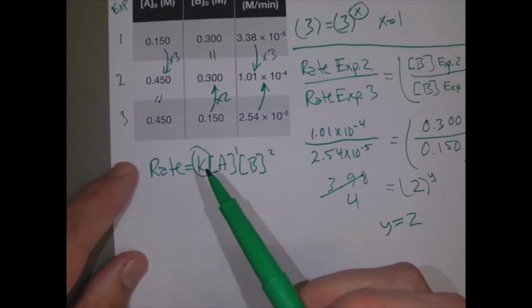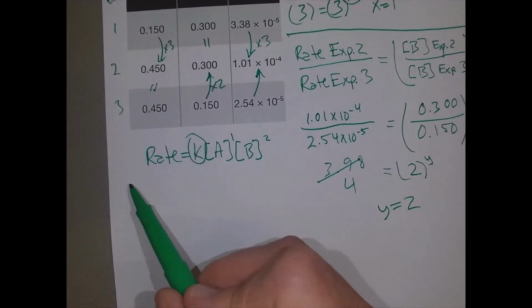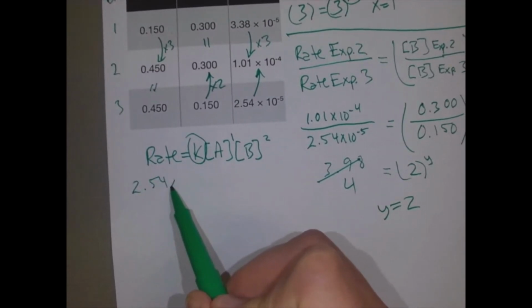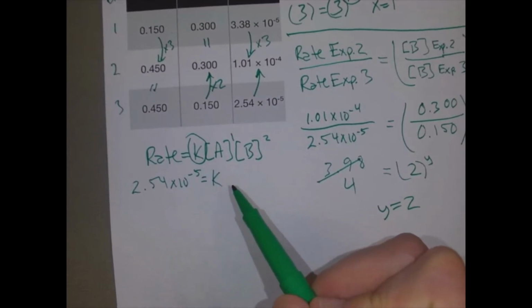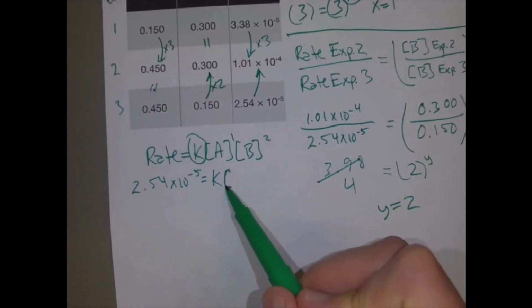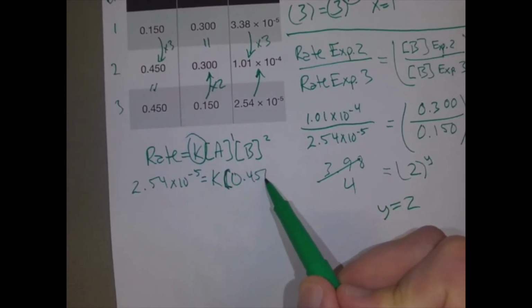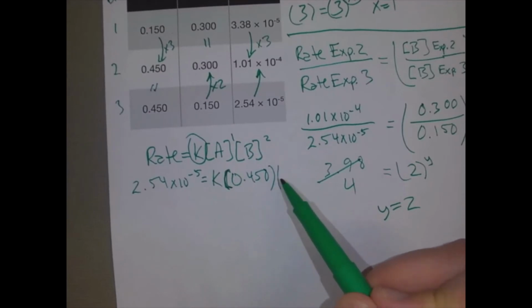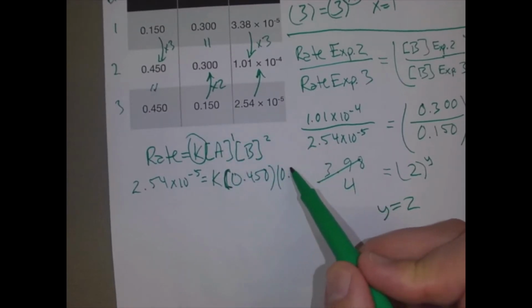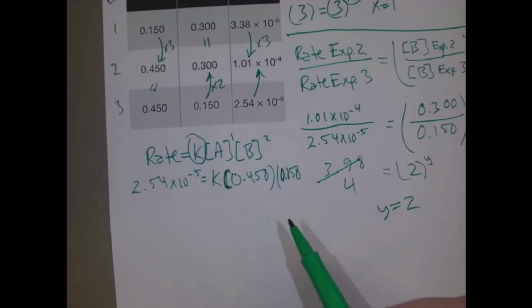So since it's closest to the rate law, let's just go ahead and use the values in experiment 3. So the rate in experiment 3 is 2.54 times 10 to the minus 5, and that equals the rate constant times the concentration of A in experiment 3, which is 0.450, and that's just raised to the power of 1, multiplied by the concentration of B, which is 0.150 squared.